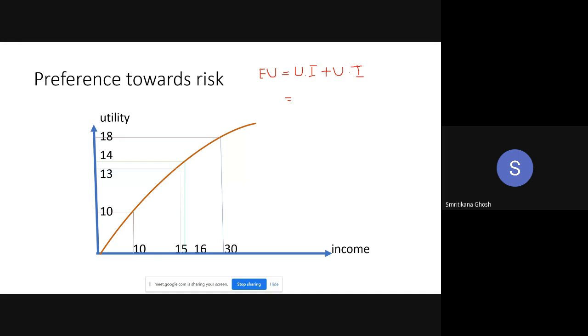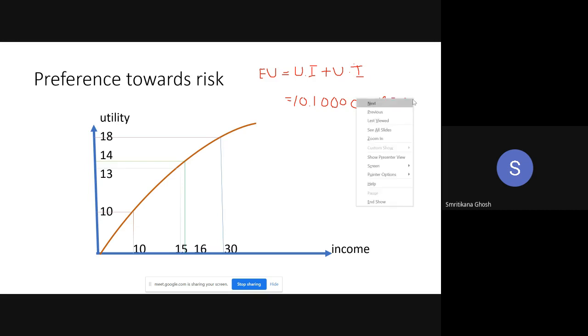But about the second one, what is the utility for 10,000? From the diagram it is 10, and the income corresponding to that is 10,000. This is outcome 1 for the second job. Plus the utility for the second outcome is 18, and the income for the second outcome is 30,000.